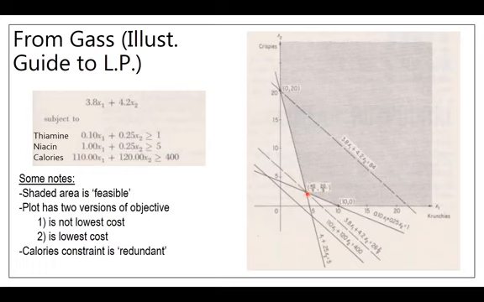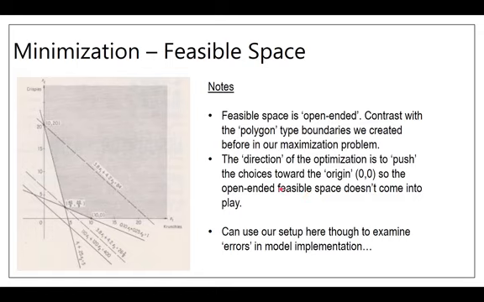Something else we should point out, this also happens at a corner. So the feasible space here is different because it's open-ended, right? It doesn't just stop at the end of this block, it actually keeps going. In our maximization problems, because of the non-negativity constraints, these axes tended to make little polygons that were the feasible space, so we could look at every bit of it.